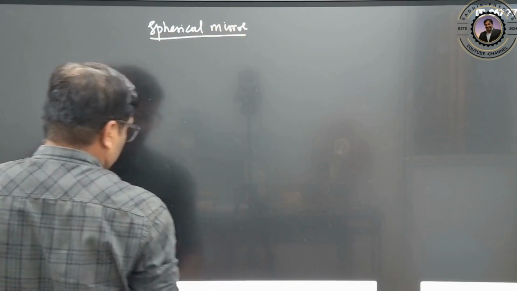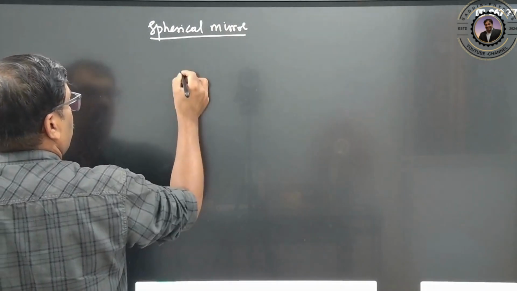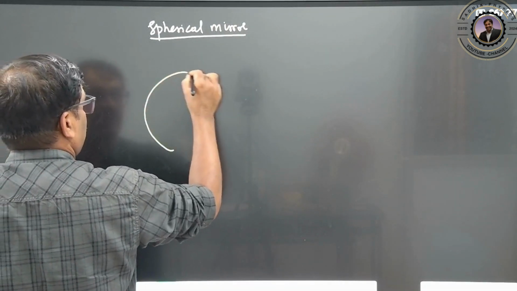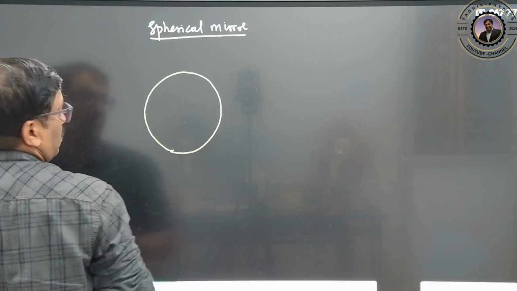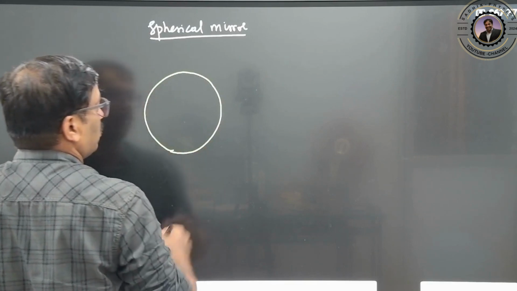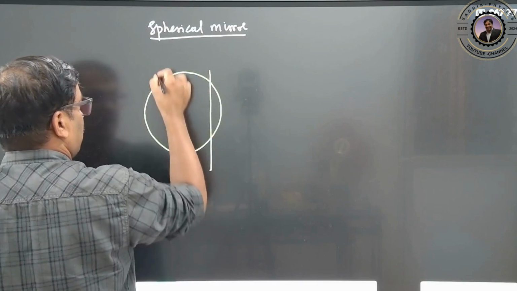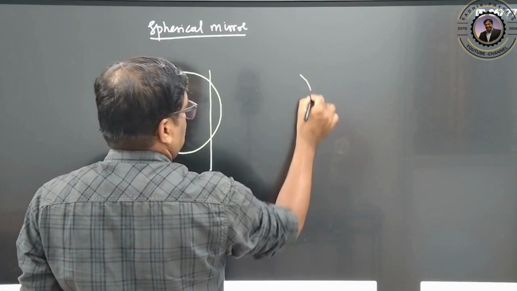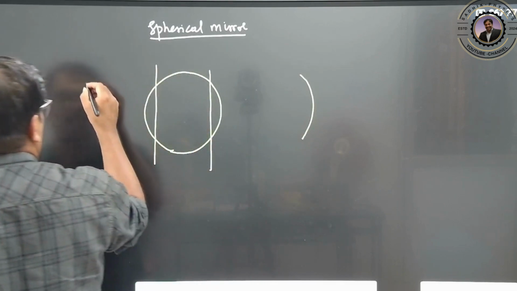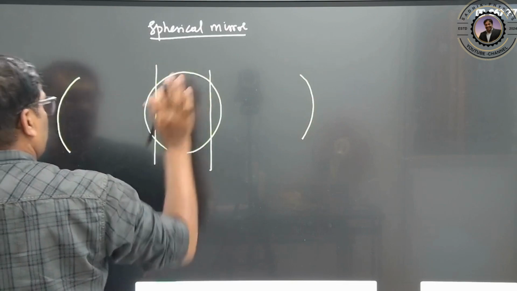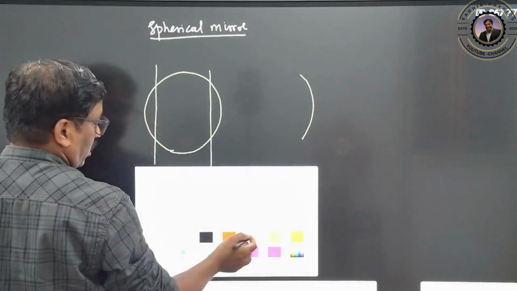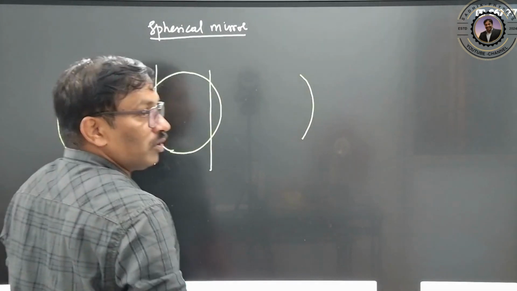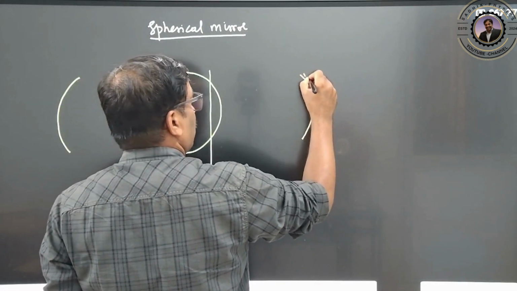First of all, how are these spherical mirrors made? You take a hollow glass sphere and cut out a small part of it. You take this piece and remove the remaining part. Then you do a silver coating on it.